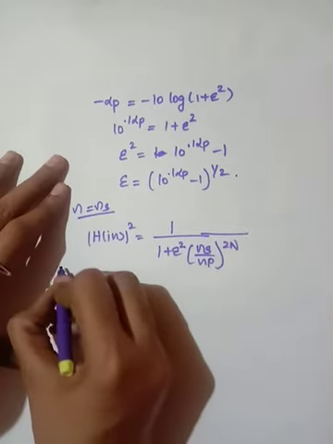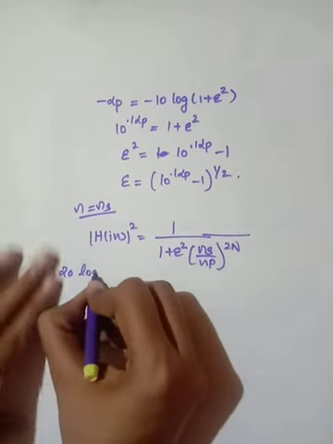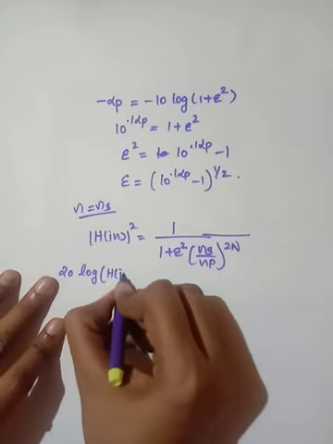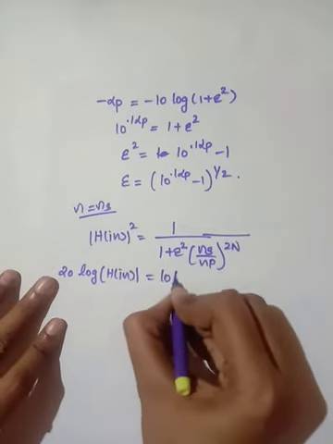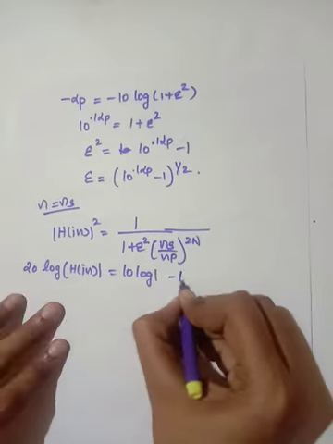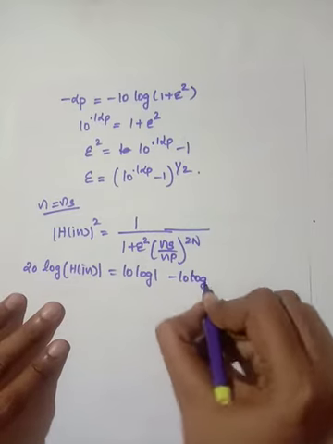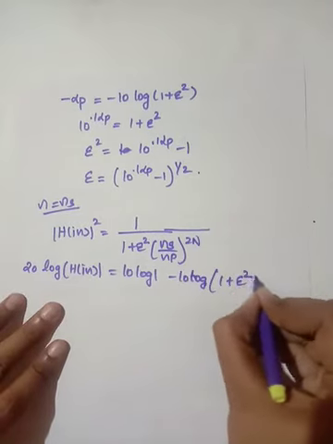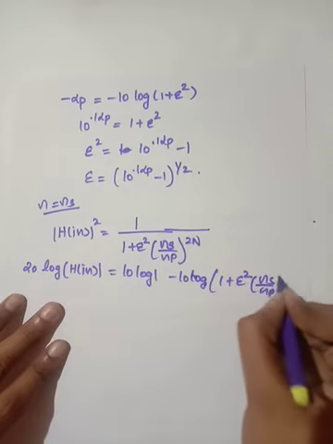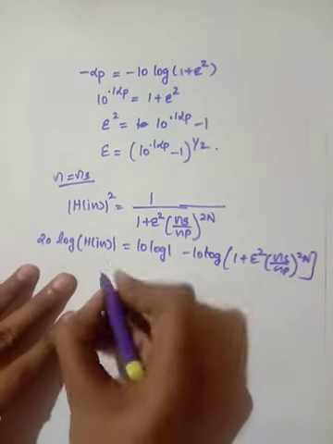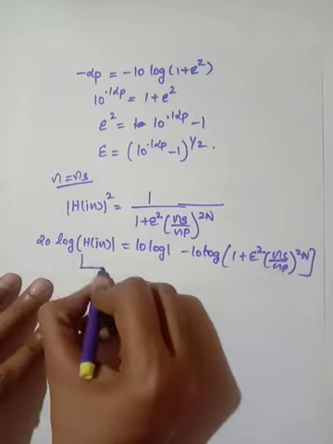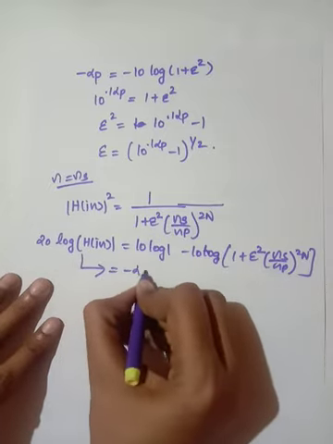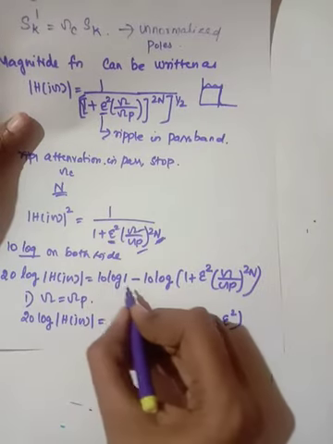Okay, so now taking the logarithm, 20 log of H of j omega is equal to 10 log 1 minus 10 log of 1 plus epsilon square (omega s by omega p) the whole power 2n. Now what we need to do is equate this to minus alpha s. What we did there, we equated this to minus alpha p, right?